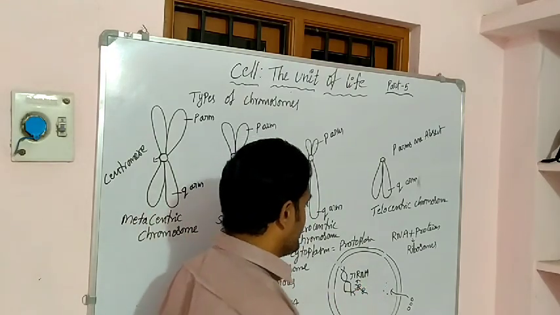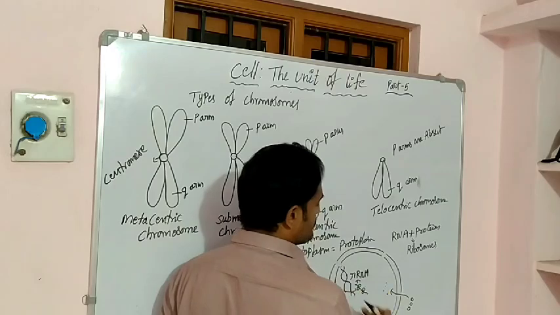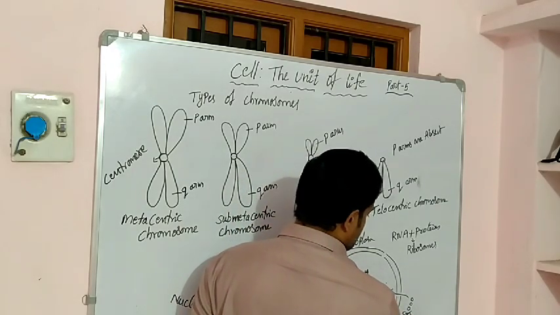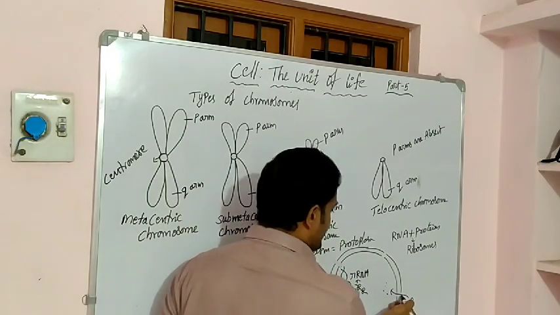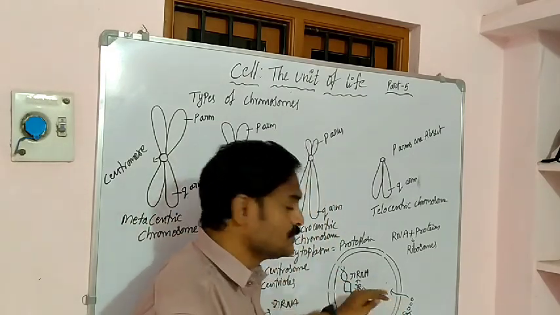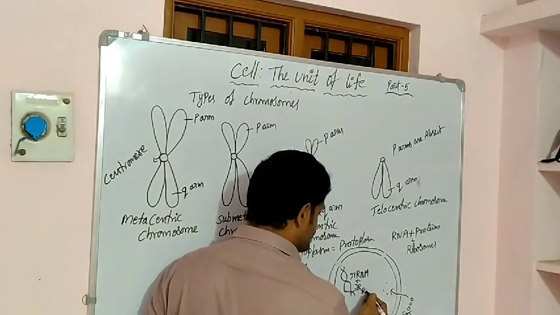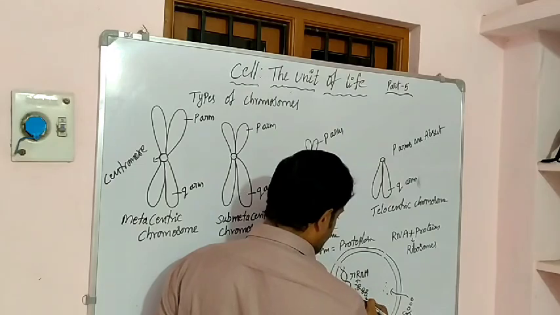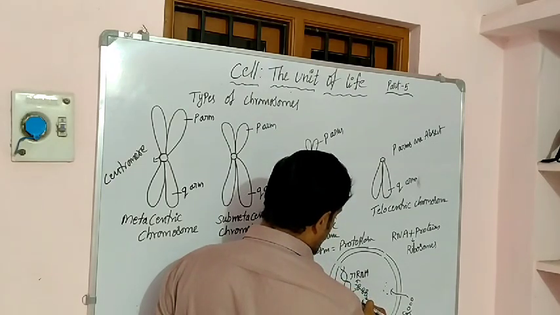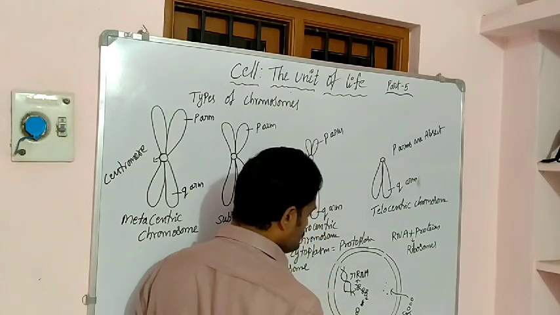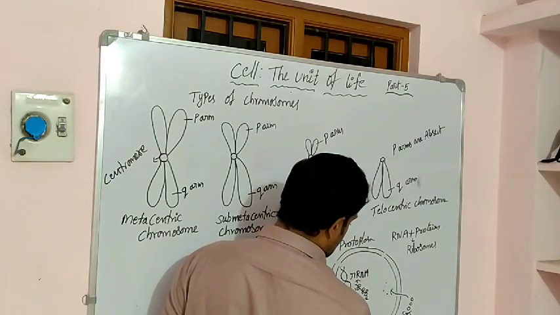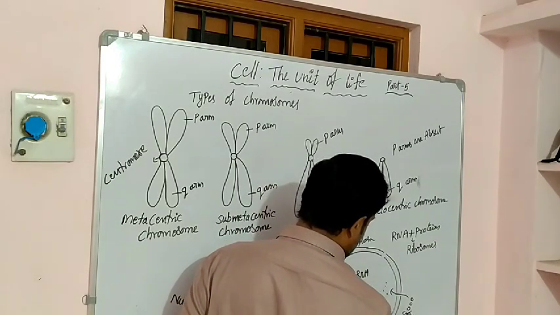This rRNA collects some proteins from the cytoplasm. The cytoplasmic proteins enter into the nucleoplasm through the nucleopore and attach to the rRNA. Then this RNA is modified finally into ribosomes like this. And these ribosomes pass again into the cytoplasm.